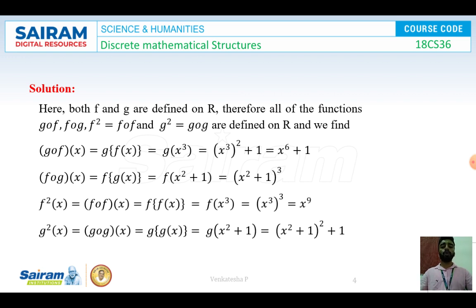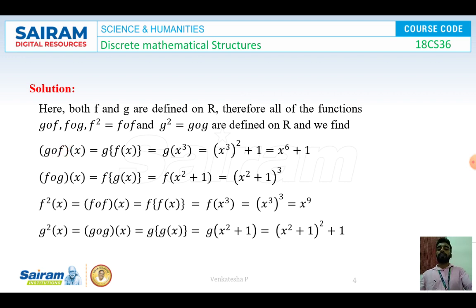Here both f and g are defined on the real numbers R. So all the functions g o f, f o g, f square, g square must be defined on R only. We can expand f square as f o f and g square will be g o g.